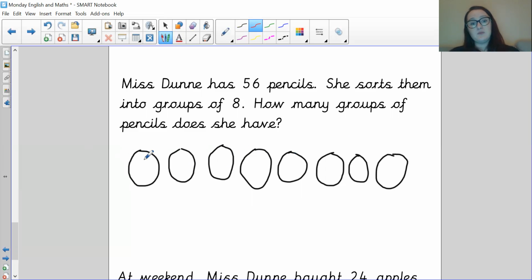Now, it's going to be a long time to do this, but this is one way we can work it out. So 1, 2, 3, 4, 5, 6, 7, 8. Whew. And I'm going to keep doing this until I've used all 56. So I'm on 16 now. I'm on 24, 25, 26, 27, 28, 29, 30, 31, 32.